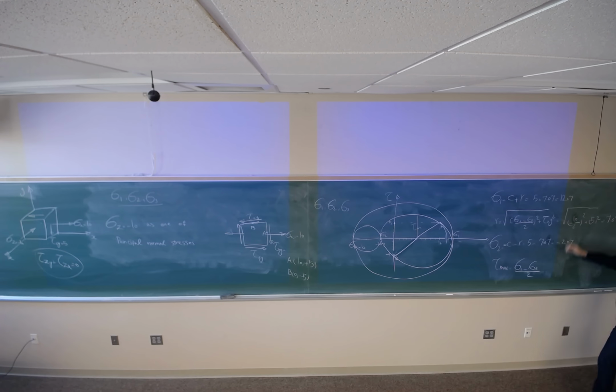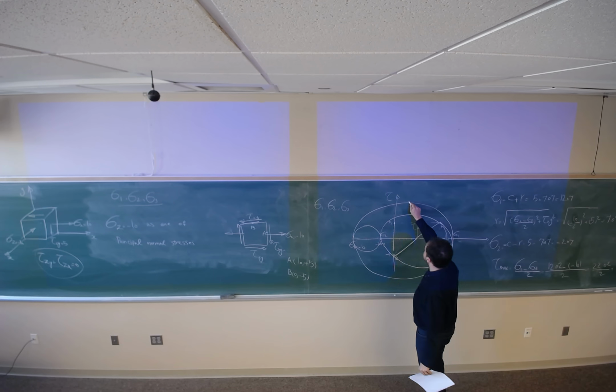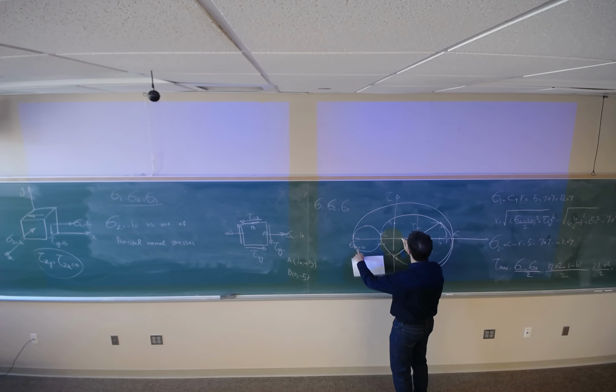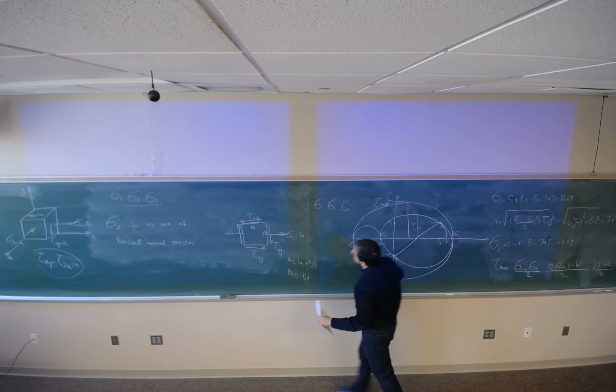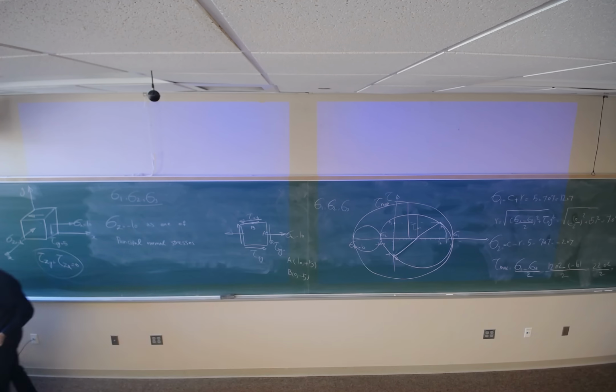Sigma 1 is 12.07, sigma 3 is negative 10, so 22.07 divided by 2 is 11.03, which is the radius of this circle. Easy.